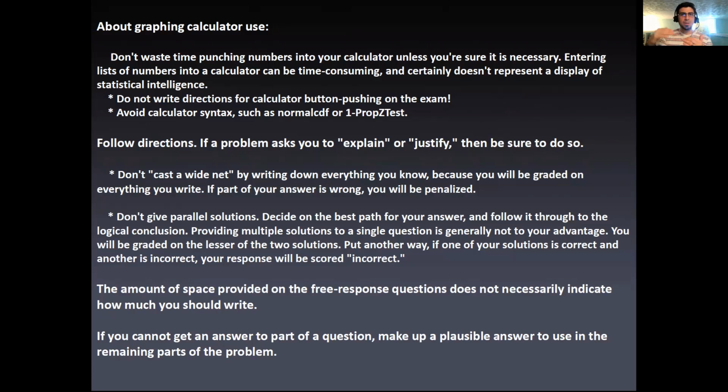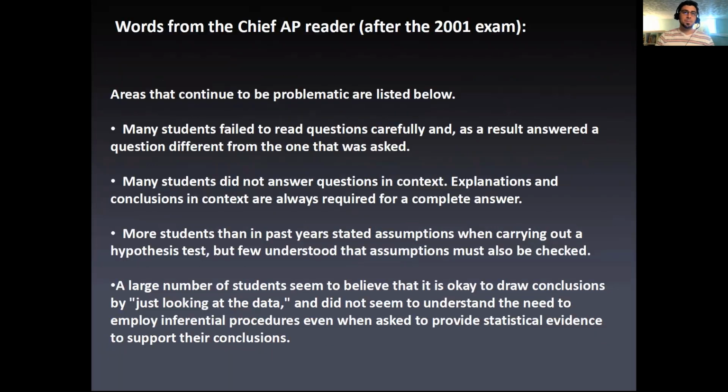Sometimes what will happen is you might lose the point for part A, but if you carried that wrong answer correctly through the process and explanation and testing, whatever you're doing with it, through the rest of the problem, you're more likely to earn points, even though you used a wrong answer from part A, because you did the rest of the processes and procedures correctly. So just keep that in mind.